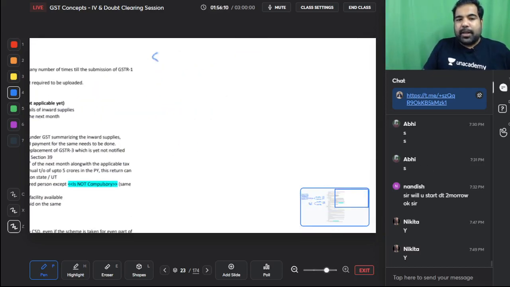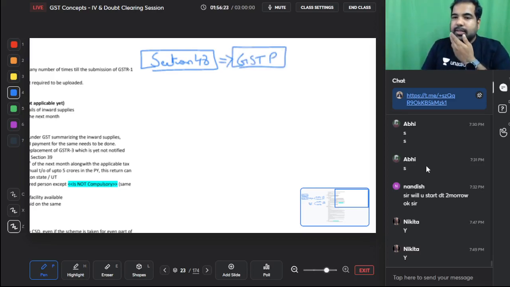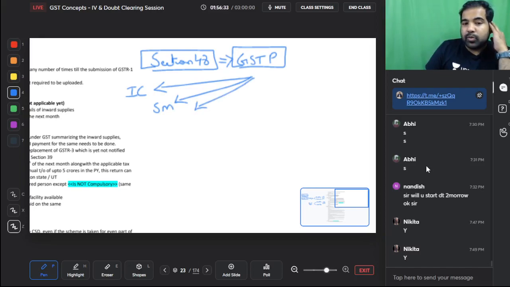And guys, sometimes you can't afford to go to a CA for GST purposes. So the government has created an army of people called GST practitioners. We are going to call them GSTPs. Who is this GSTP? This is any person who is an Indian citizen, who is of sound mind, who is solvent, and he has to have a qualification.